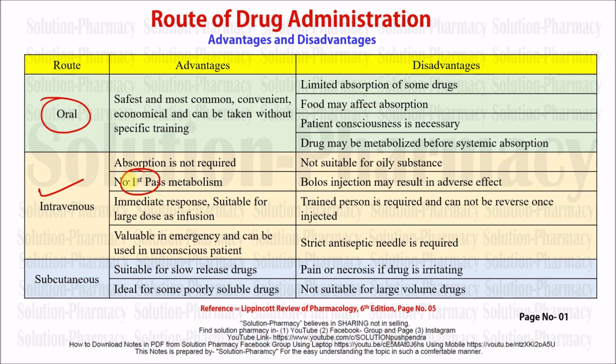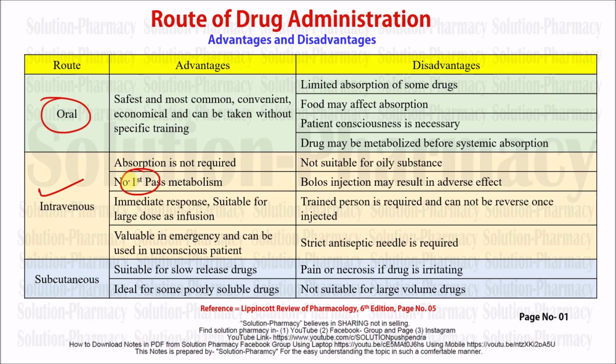So in the case of intravenous, there is no chance of first pass metabolism. I should repeat it again. First pass metabolism only takes place via the oral route of drug administration. Apart from the oral route, there is no other route of drug administration at which first pass metabolism takes place.